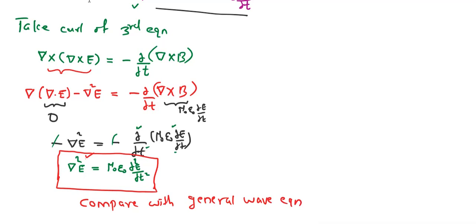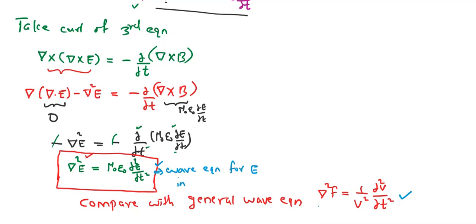If f is a function, del square f is equal to 1 by v square dou square f by dou t square. Then if you compare this general wave equation with this equation, this is the wave equation for the electric field E in vacuum.